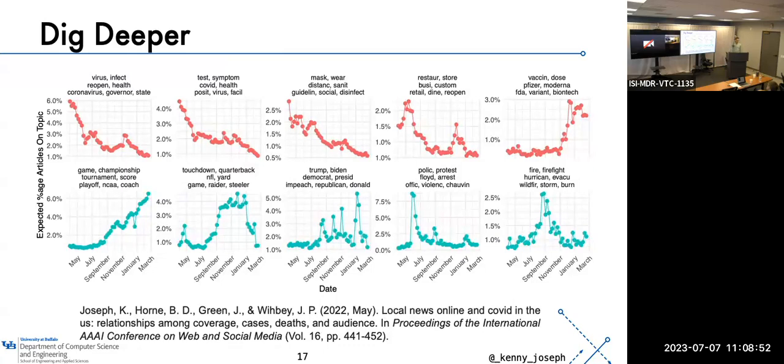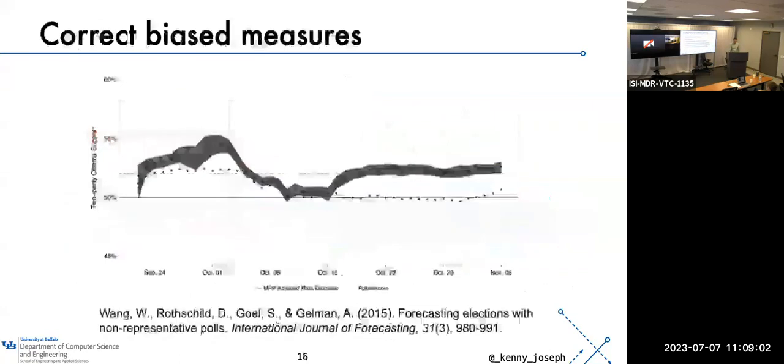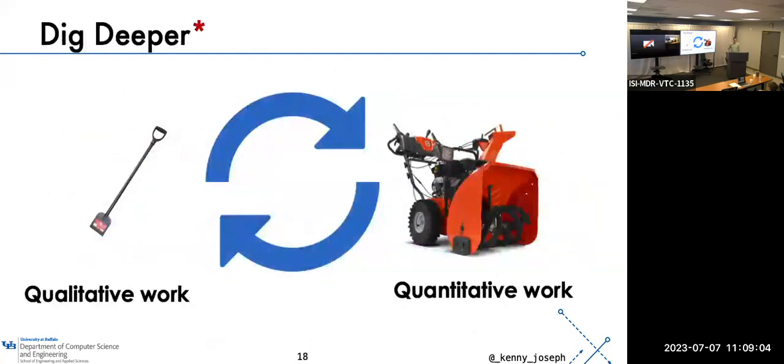We have a very coarse measure in a survey. We can dig deeper into data and look at, for example, attitudes on specific topics. The asterisk I had on this slide for dig deeper is that I think we can use computational methods to dig deeper than something like survey data, but I still believe that to narrow down even further, we need to go out and read and look and do qualitative work on our data.